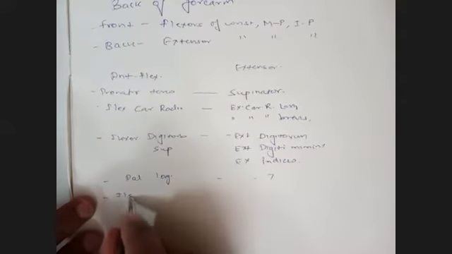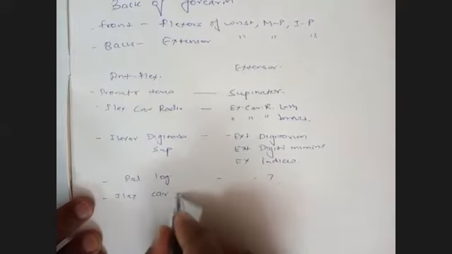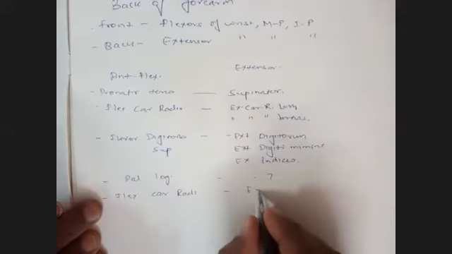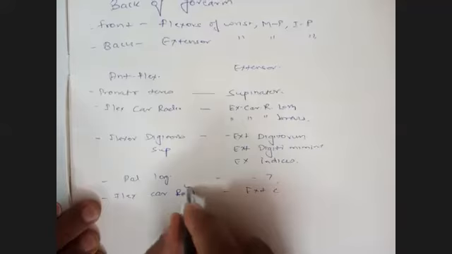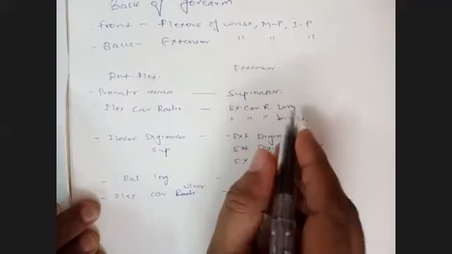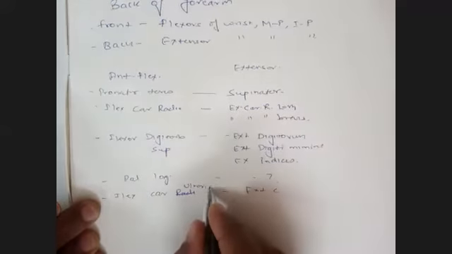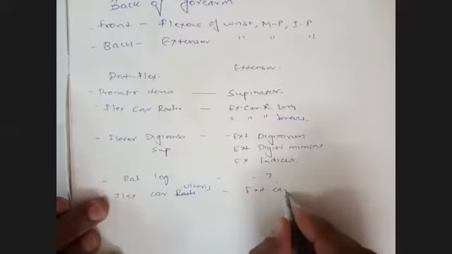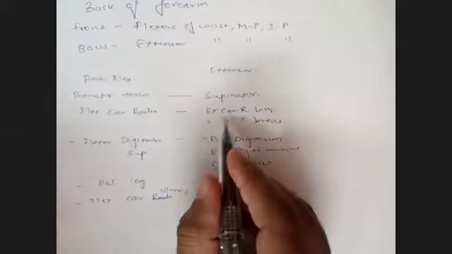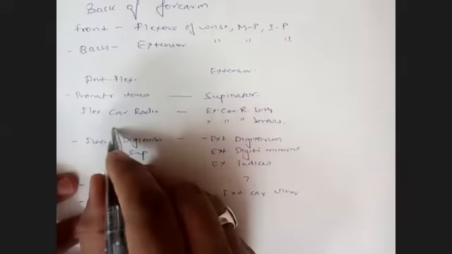Then there was flexor carpi ulnaris. For flexor carpi ulnaris, there is extensor carpi ulnaris. Radialis we have already seen. Then there were 2, extensor carpi radialis longus and brevis. So flexor carpi radialis will cause flexion.